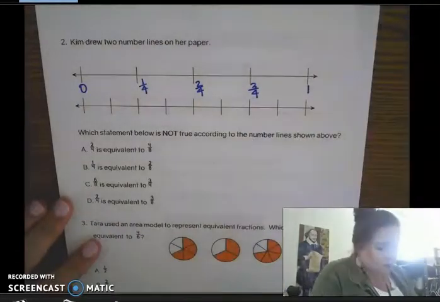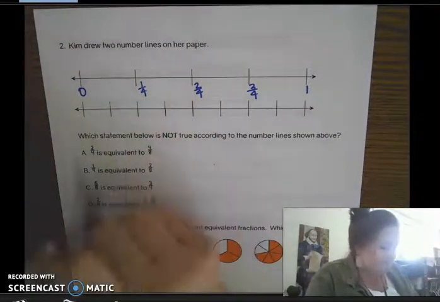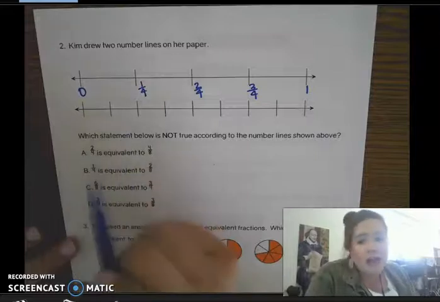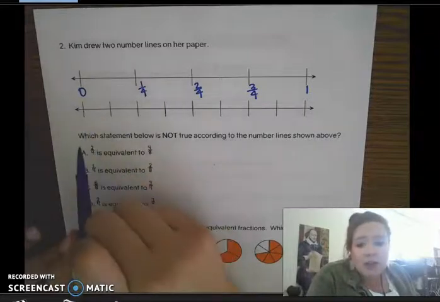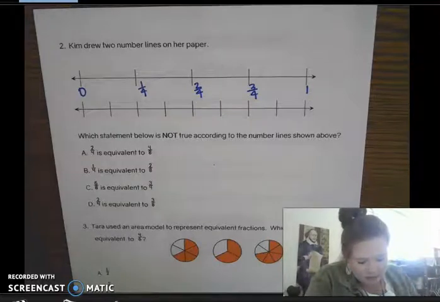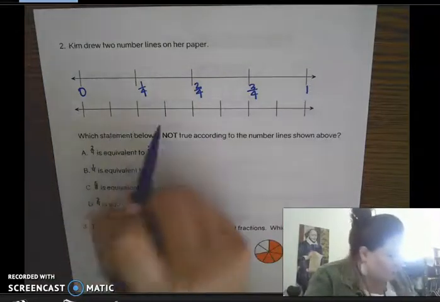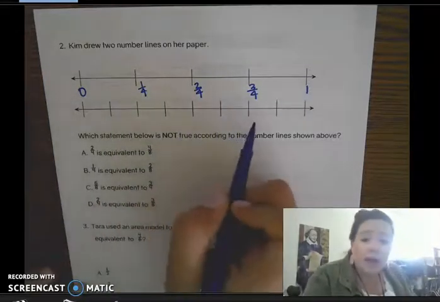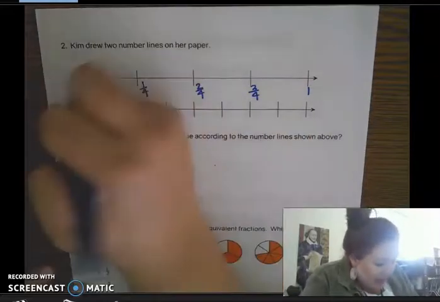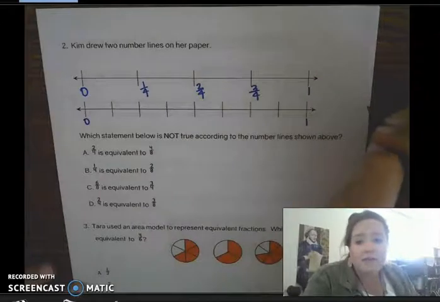All right? Now let's look at this bottom number line. How many parts or sections do we have in this bottom number line? Good. We have 8 sections. So each section represents what fraction?